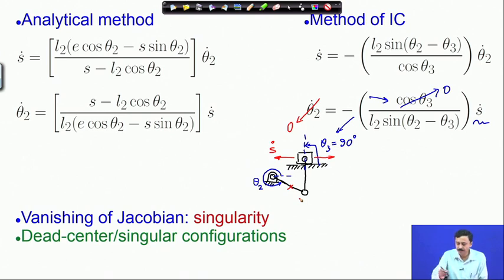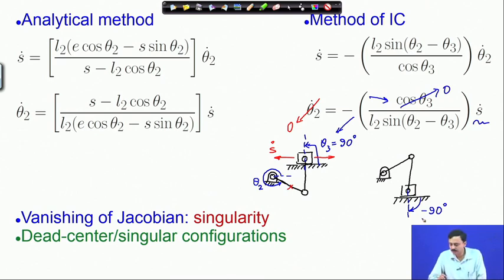And the same thing will happen in another kind of configuration where theta 3 is minus 90 degree.